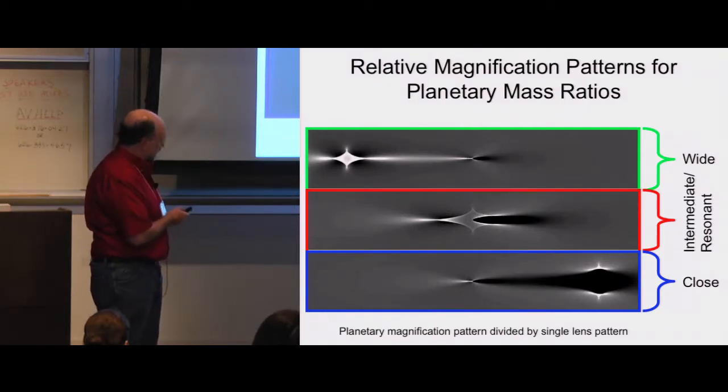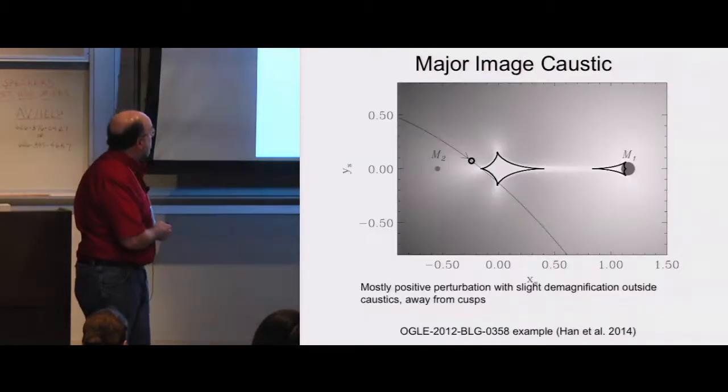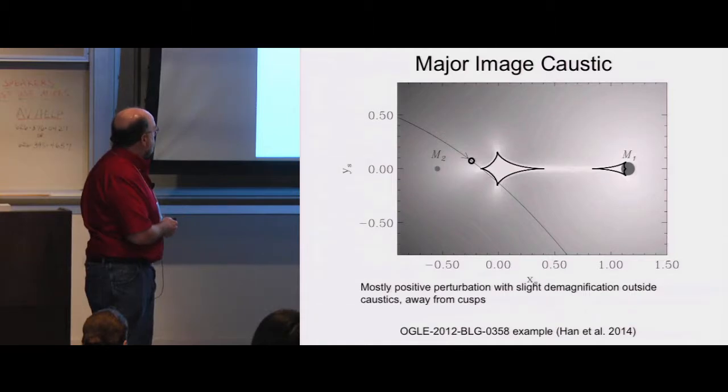I think Scott showed this as well. This is a relative magnification divided by the single lens for the planetary case for wide separation, close separation, and this intermediate caustic. So yeah, here's the major image caustic again.